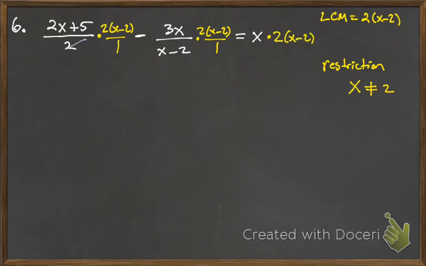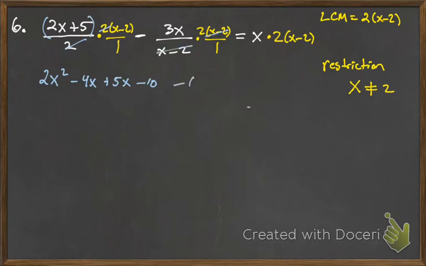Okay, so the 2's will absorb in the first one, and go ahead and decorate the binomial with parentheses, and then we'll go ahead and also FOIL. So we'll do 2x times x is 2x squared, 2x times minus 2 is minus 4x, 5 times x is 5x, and 5 times minus 2 is minus 10.